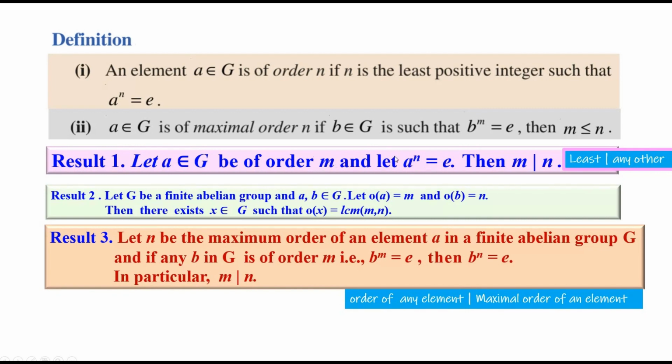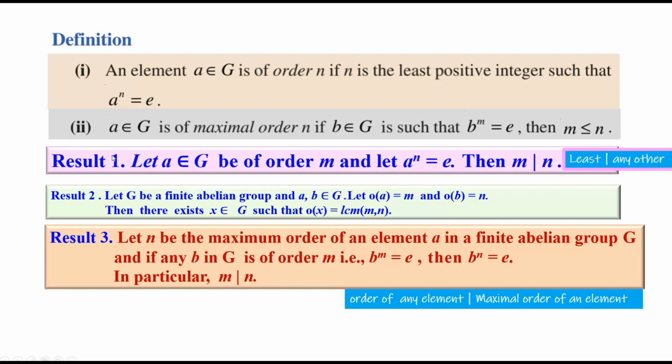This is the least positive integer, this is any other integer. So the relation is m should divide n. So we simply call it: least must divide any other. The definition of order of an element is the least positive integer such that A power n is the identity element in G.